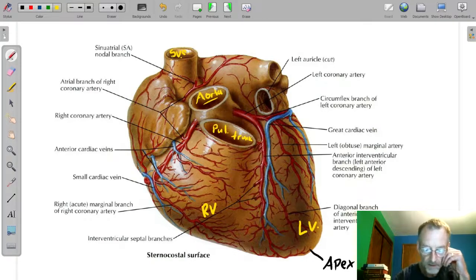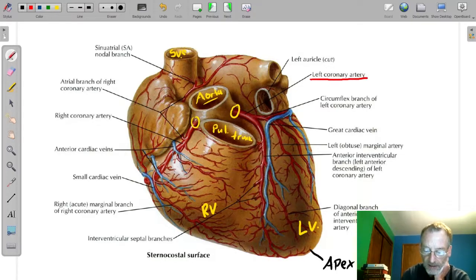Okay, so right and left coronary arteries. The fat's been cleared away. It's a more clear drawing, and here is the origin of both. So on the left side, left coronary artery, coming right off of the aorta.